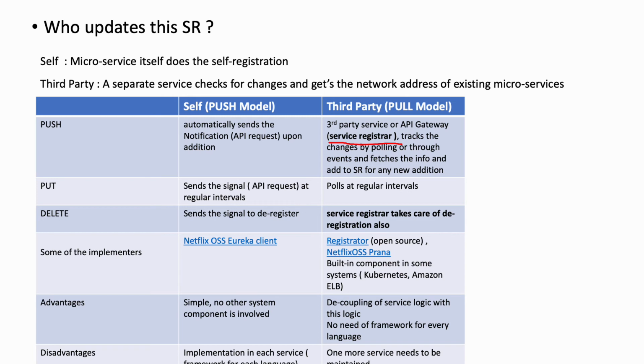But one disadvantage here is, in some implementations other than Kubernetes and Amazon ELB, if you go for Netflix OSS Prana or Registrator, or you have your own different system, you need to have one extra service that takes care of this logic. So you need to maintain that service, one more extra microservice. This is a disadvantage.